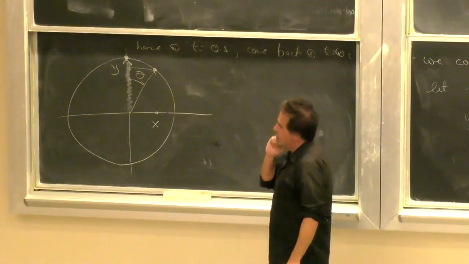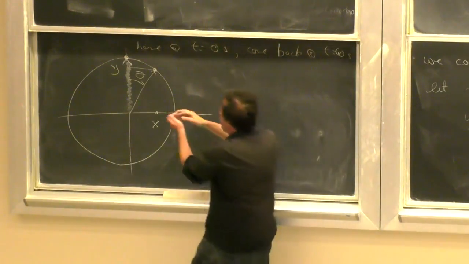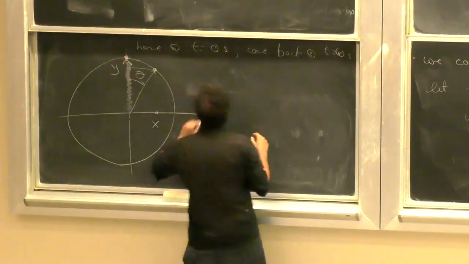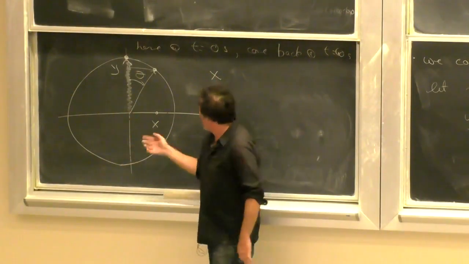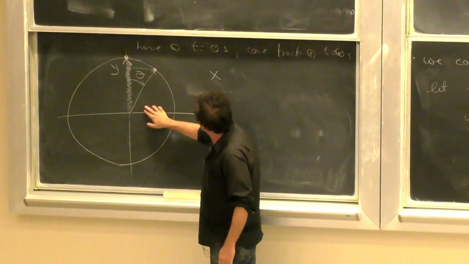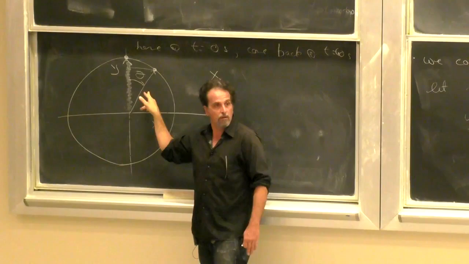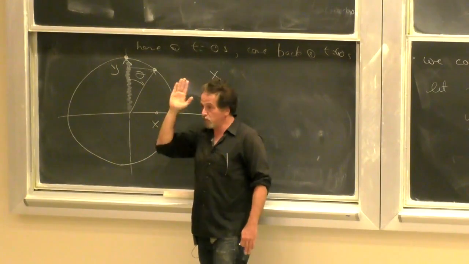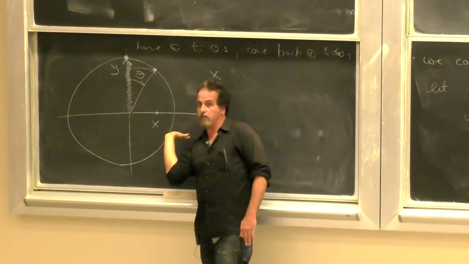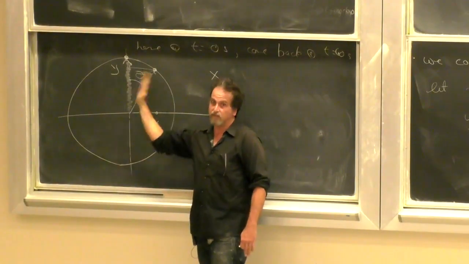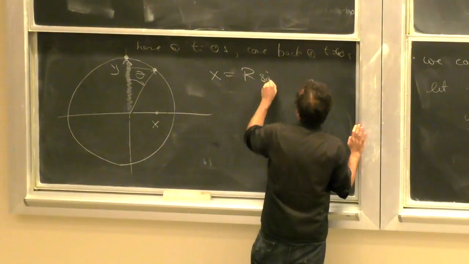By the way, the length of the arrow is capital R. The first thing we note is we can read off immediately that x is the sine of theta times r, because we're measuring from the top. It's usually from the side, so it would be cosine of the other theta, but it's sine of this theta. So x is equal to r times the sine of theta.